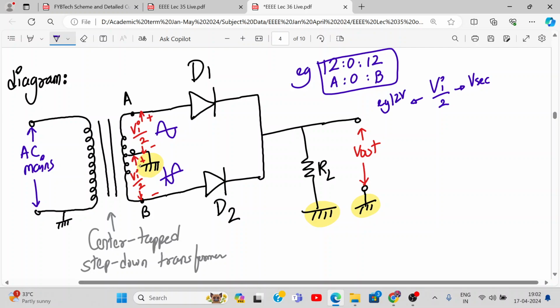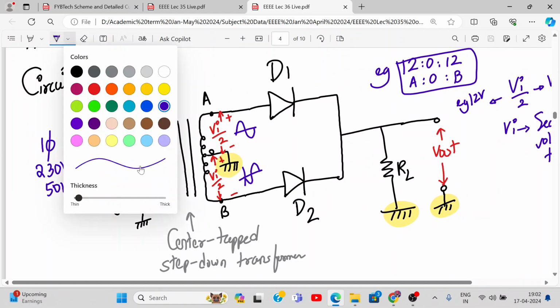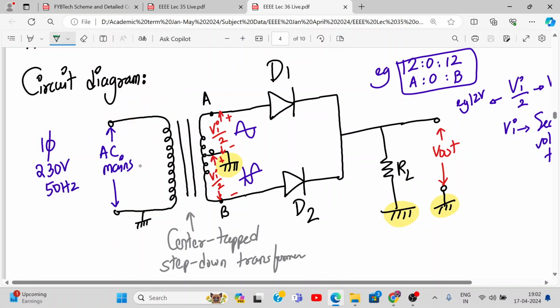That's why we write 12 volt, 0, 12 volt. Are you following what I'm saying? But what is Vi called? Vi is the secondary voltage of the transformer. Now, what do you mean by center tapping? Let's say the number of windings are 100.